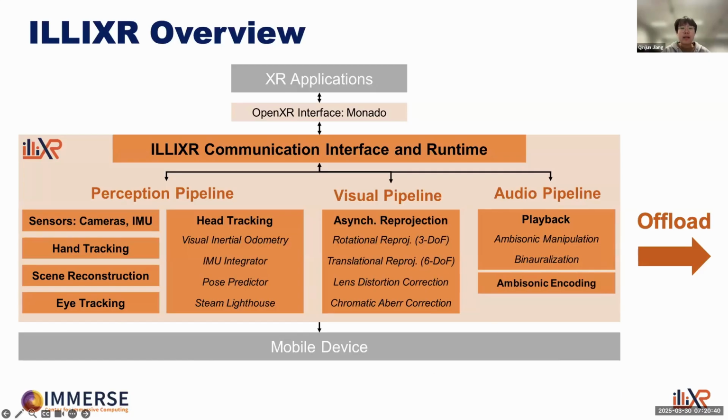Then there is the visual pipeline, which takes the information generated by the perception pipeline, such as the head pose, hand pose, eye pose, and the 3D representation of the scene, to actually generate the final pixels that the user would see on the display. And there's also an audio pipeline, which handles the audio encoding process and also the 3D spatial audio playback.